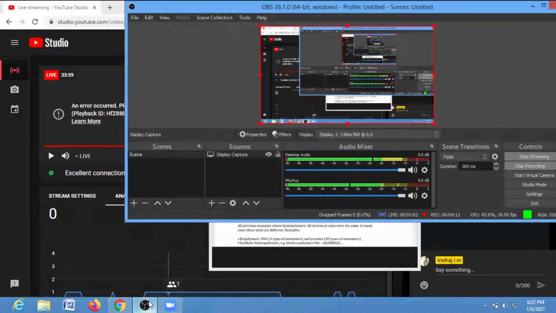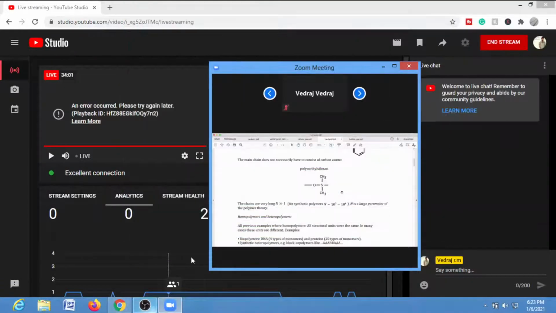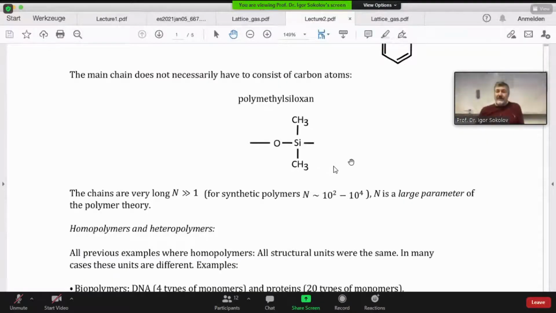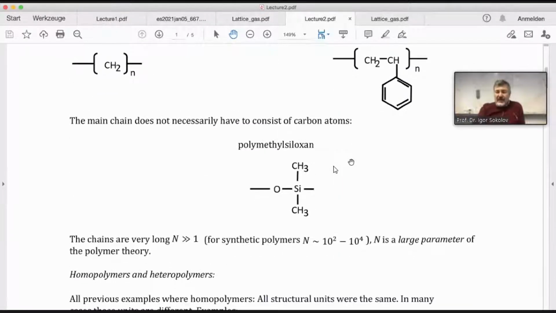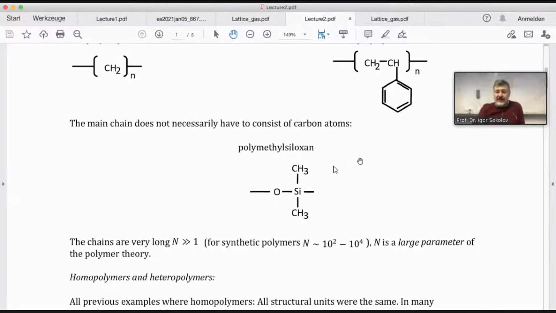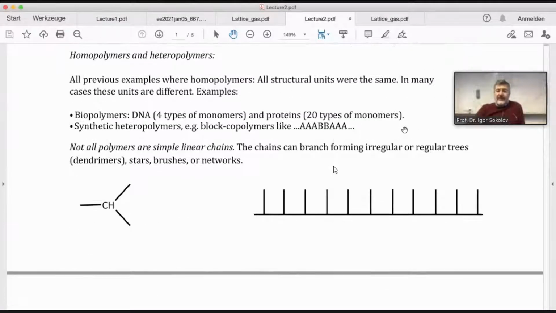There are only very few parameters, so you can boil everything down to very few parameters which really govern the properties of materials. Here I simply have some examples. You can have side chains. You can have something quite bulky. You can have polymer brushes, which are very bulky. So this means that the flexibility of the chains is also very different.